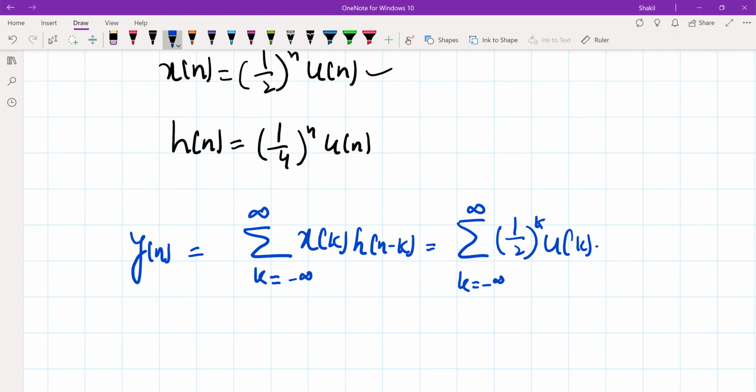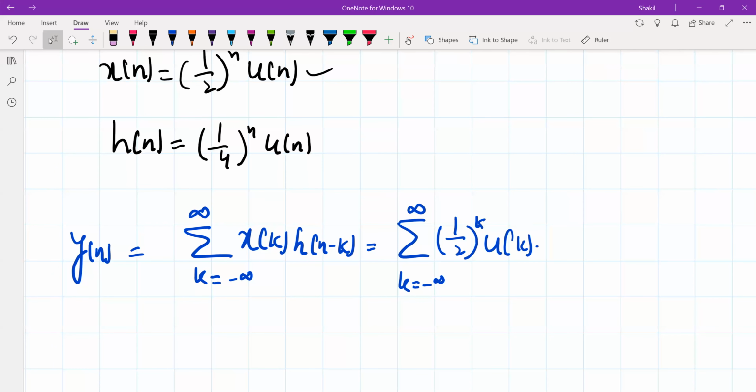Then substituting the value of h of n, now you are replacing n by n minus k. So wherever you have n in h of n, replace it by n minus k. So this will be 1 by 4 raised to the power n minus k, u of n minus k. That's how we express this, right?